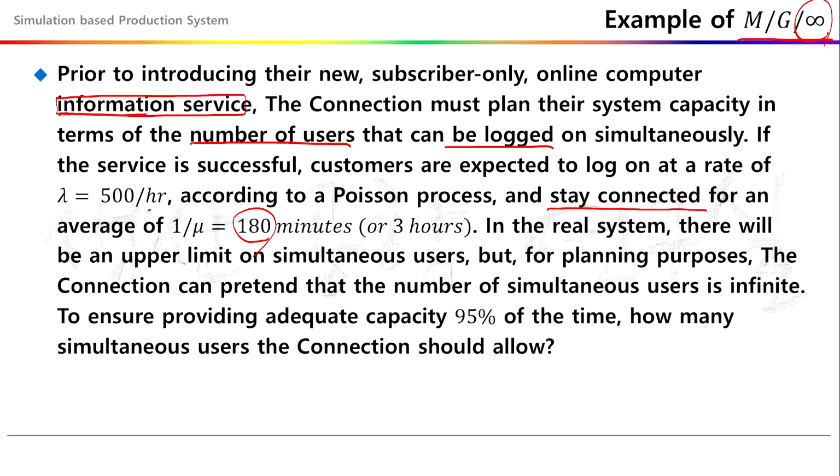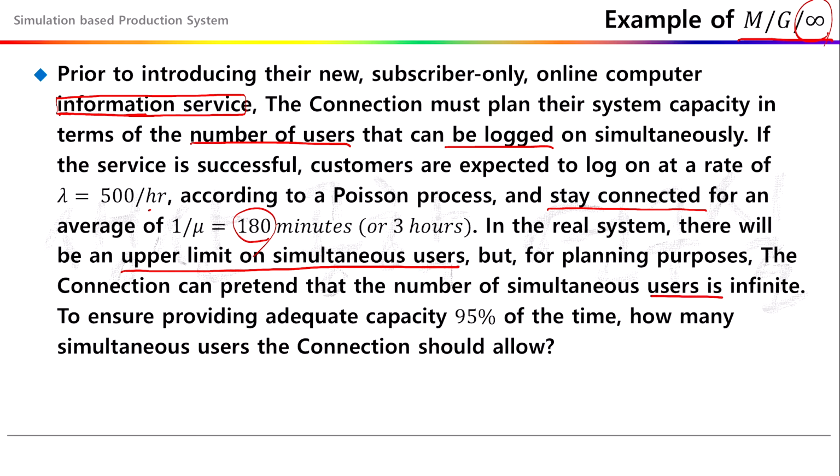In the real system, there will be an upper limit on simultaneous users. It can be explained in Korean, 동시 접속자 수. But for planning purposes, the company can pretend that the number of simultaneous users is infinite.